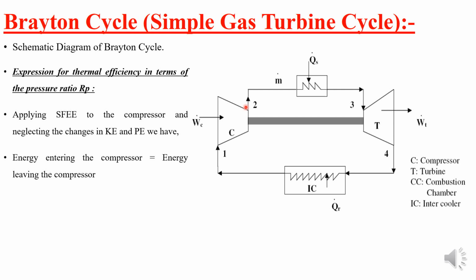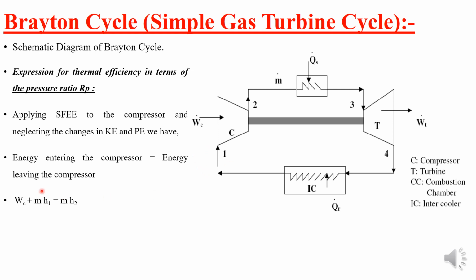While applying SFEE, already in the assumptions we said we are neglecting the kinetic and potential energy. So those two terms won't be there in the SFEE equation. So only the energy part we will consider. So what you will get: WC, that is the input, and M into H1.